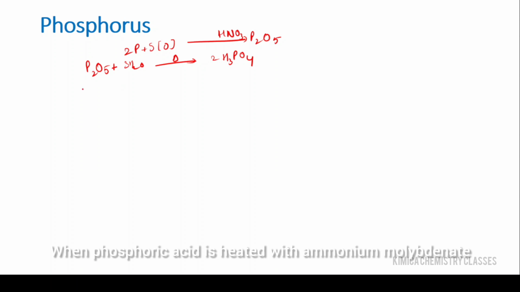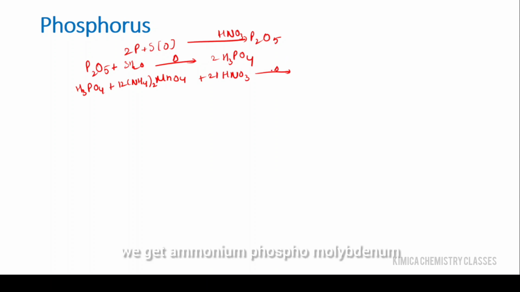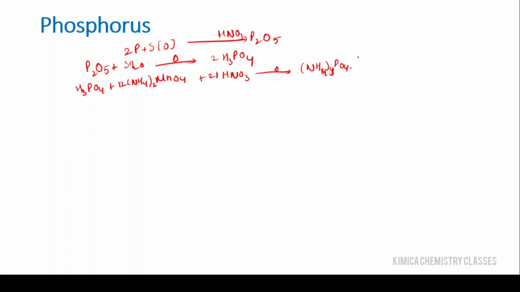When phosphoric acid is heated with ammonium molybdate, we get ammonium phosphomolybdate, which is yellow in color.